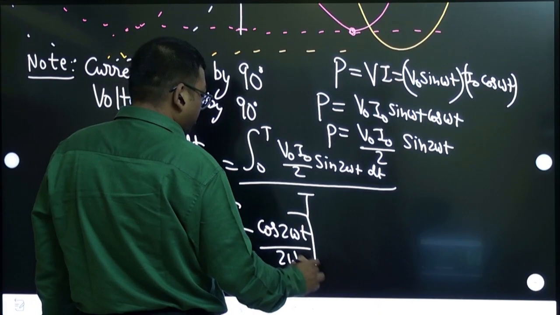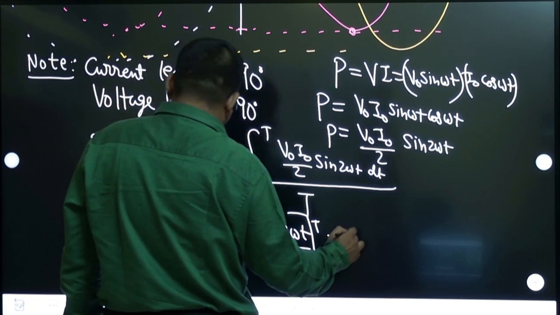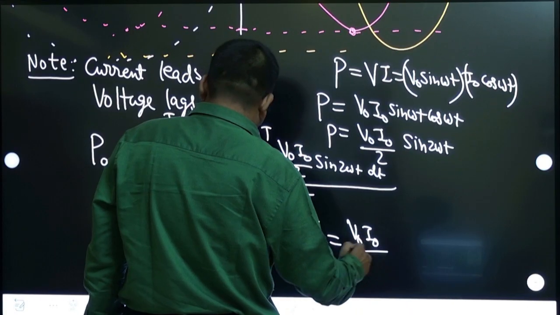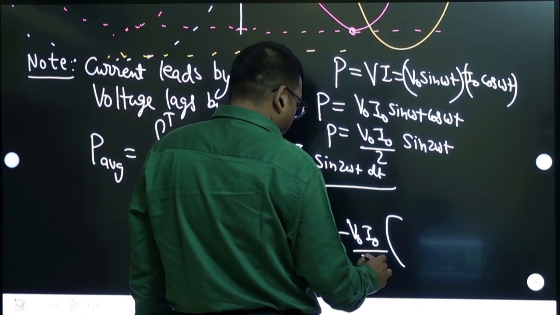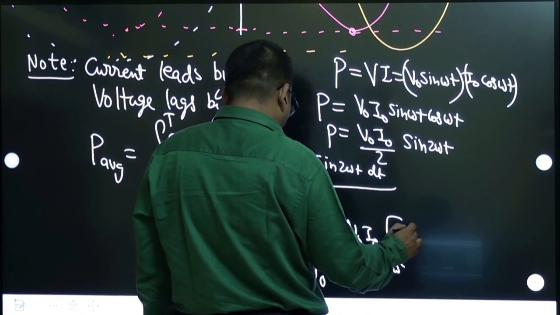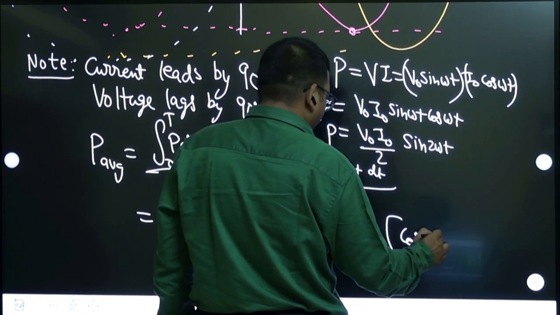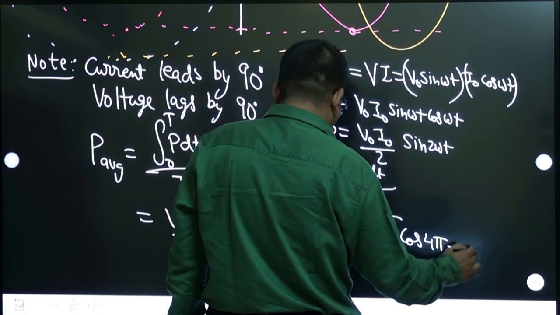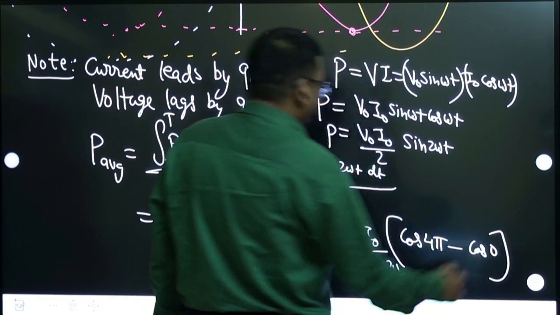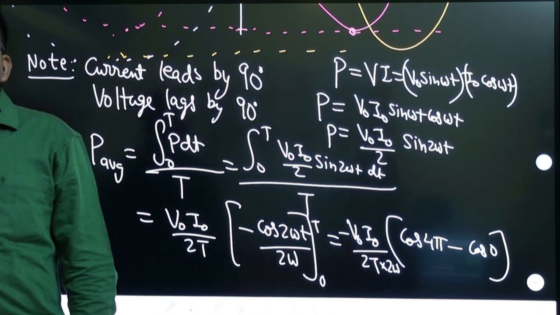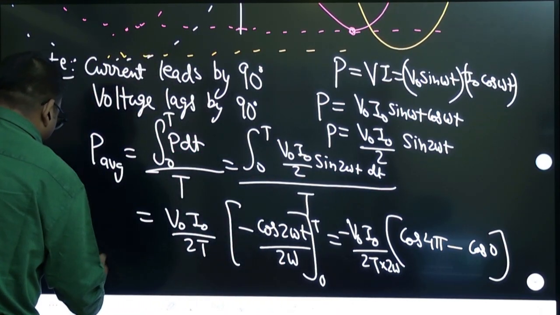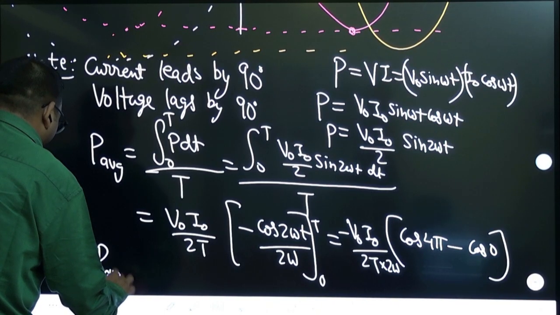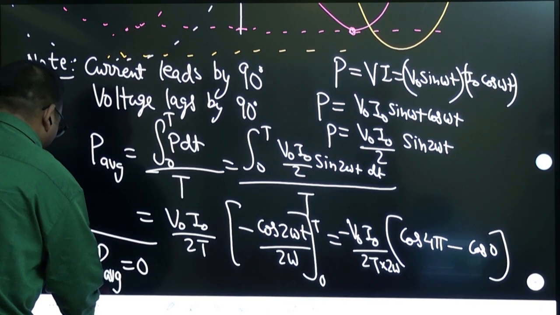Now put the limits 0 to T. So V naught I naught by 2T, minus, 2 omega, then cos of 4 pi will come, minus cos 0, correct? Again it is going to 0. So average power is going to be again 0.